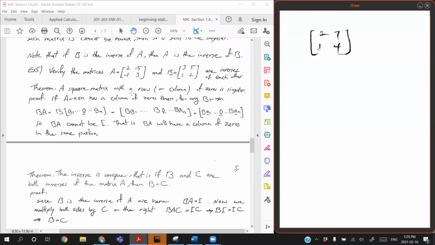And for this matrix, I want to find the inverse. So I'm going to use the definition. Let's say the matrix with unknowns W, X, Y, and Z. If this matrix is the inverse of the given matrix A, then if I multiply them, I'm supposed to get the identity, right?